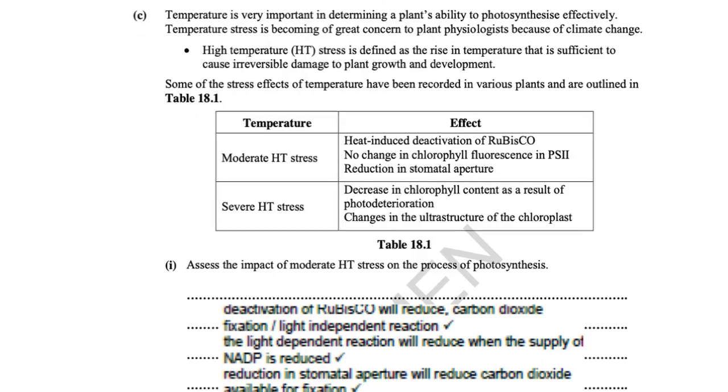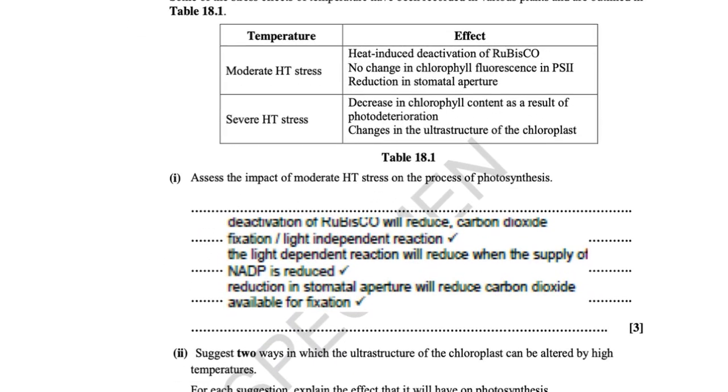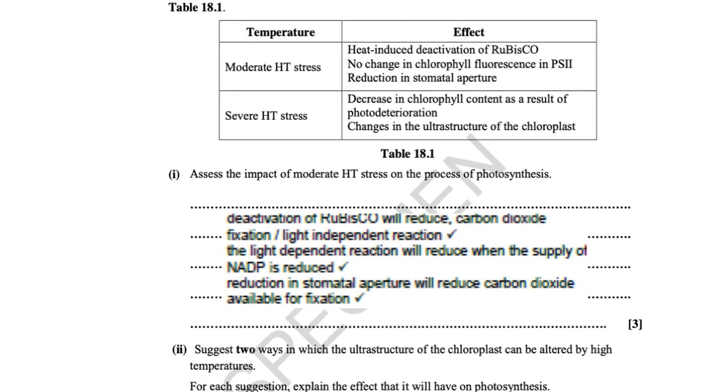Assess the impact of moderate stress on the process of photosynthesis. So this question is getting you to explain how these factors could affect the rate of photosynthesis. So you need to think about the change in rubisco and how it could affect photosynthesis, and the change in stomatal aperture.